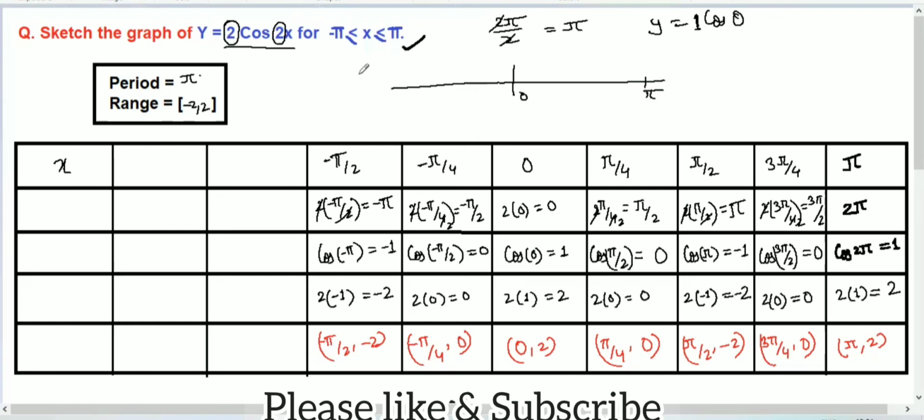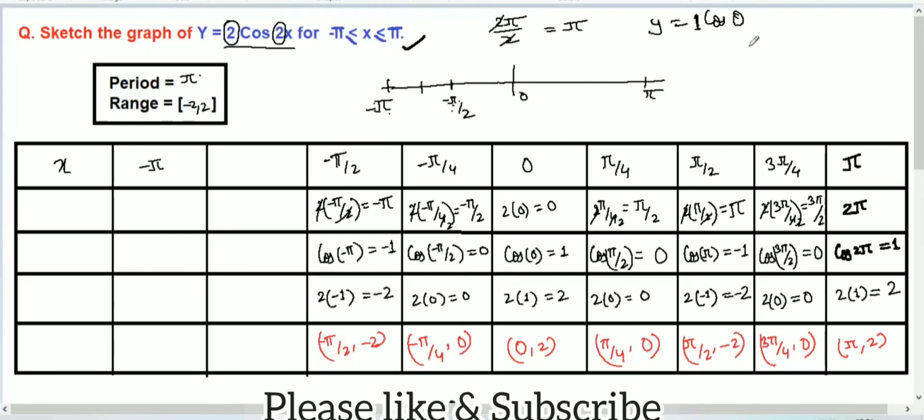I have to take pi and on the negative side minus pi. So I'm going to start from minus pi. So minus pi, and then 0 to minus pi, half of this is minus pi over 2, which I have taken here.